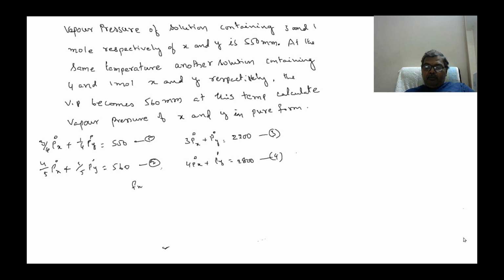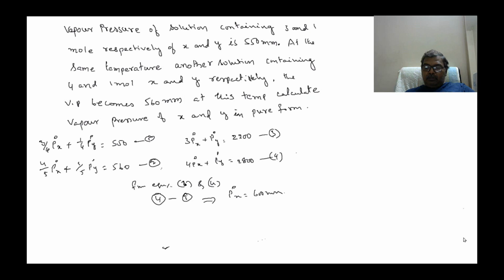Now from equations 3 and 4, subtract equation 3 from 4, you will get 7 P naught X equal to 4200, so P naught X is 600 mm.